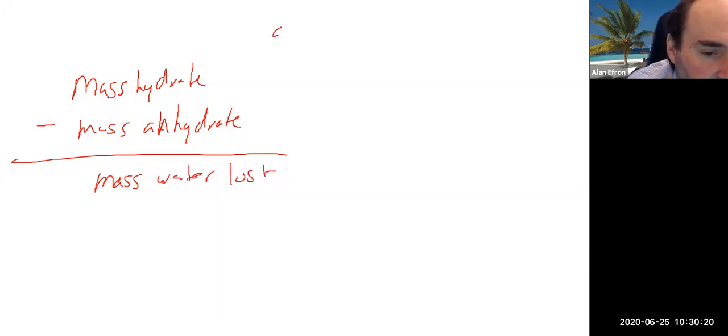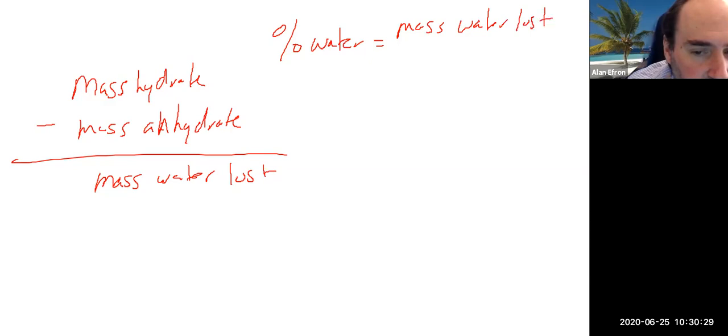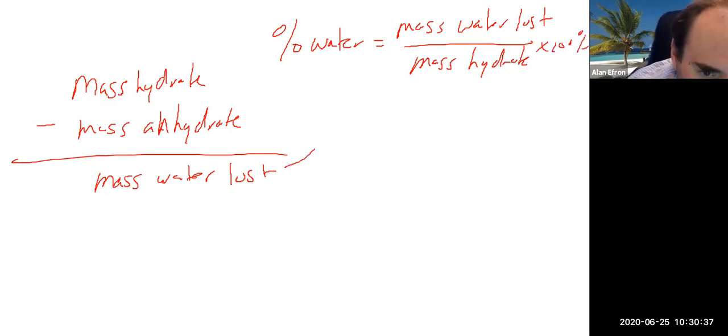And that's important because what we're looking for is the percentage of water, which means we need the mass of the water lost divided by the mass of the hydrate times 100%. So the mass of the water lost is going to come from your experiment.